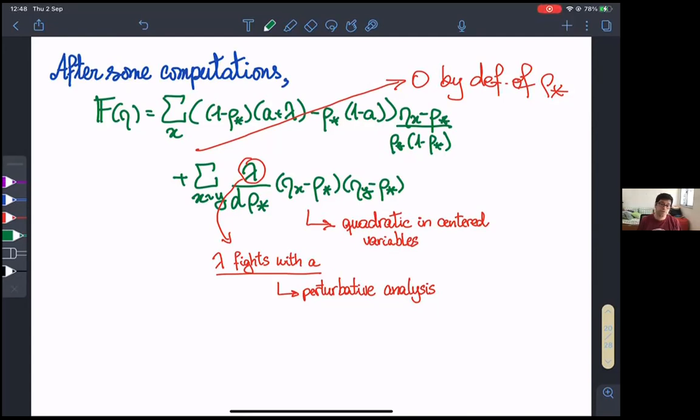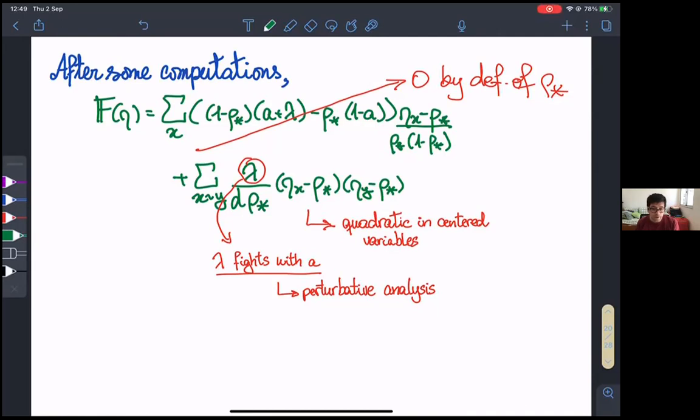Okay, so it is there that we are using the fact that we are looking at the stationary solution of the parabolic equation. And then what we are left with is a second order term. I call it second order because it's quadratic in these centered variables.